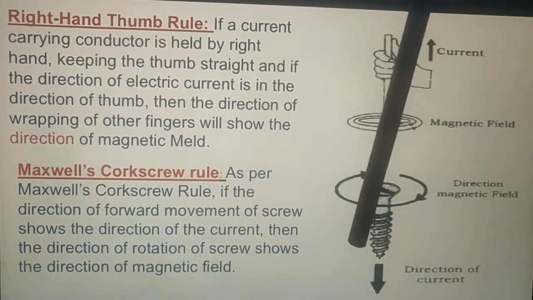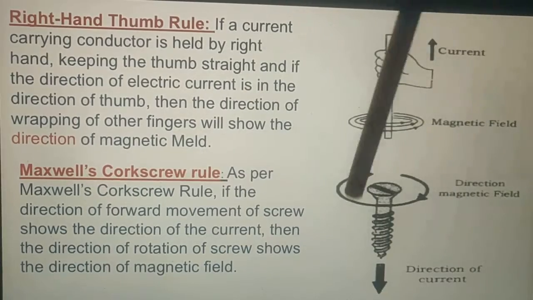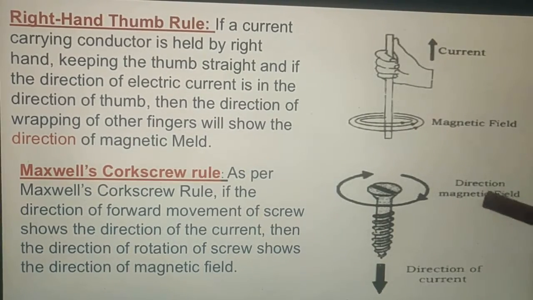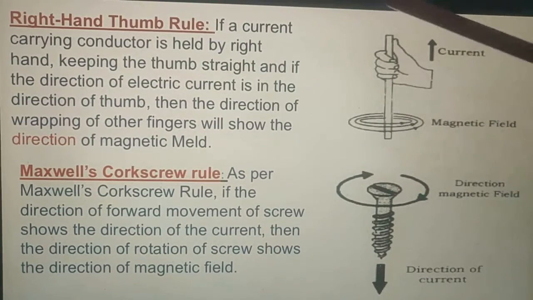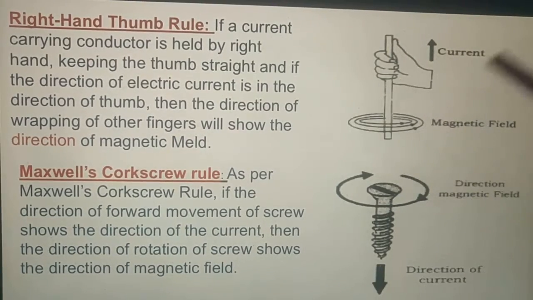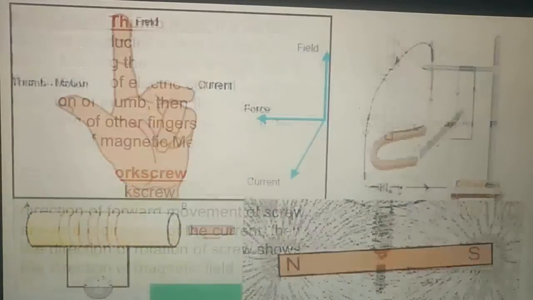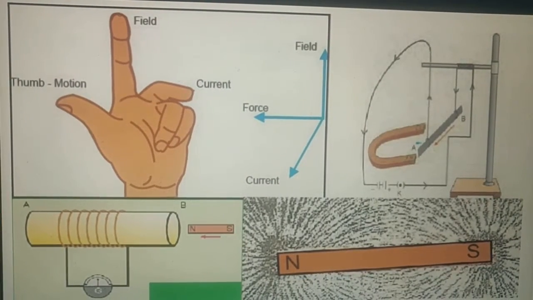If we turn it in this way, then it will go down, so the motion is clockwise. So the direction of current is this, and if the direction of current is towards the thumb, then the magnetic field will be anti-clockwise.